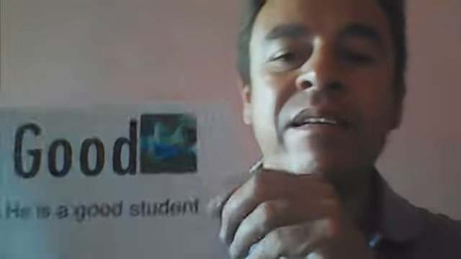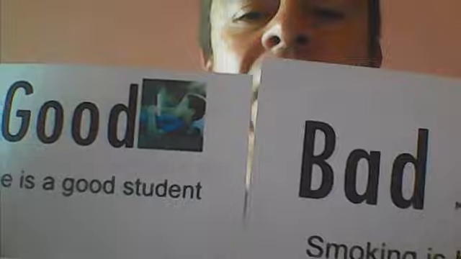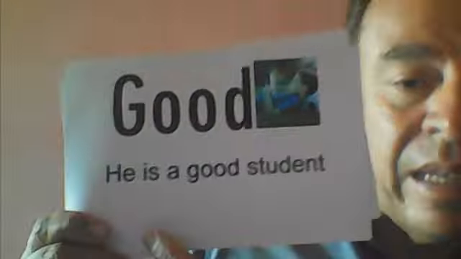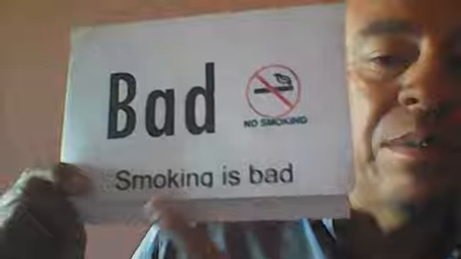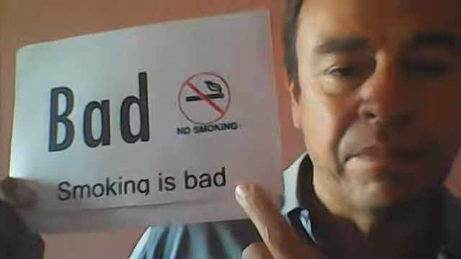And the next group you're going to learn are irregular adjectives. And the most important adjectives of this group are good and bad. Good. He is a good student. Bad. Smoking is bad.